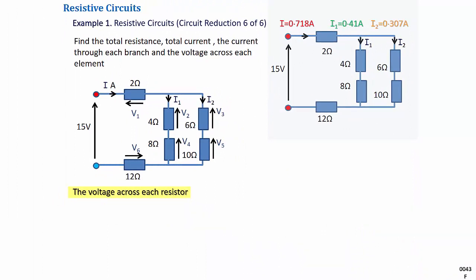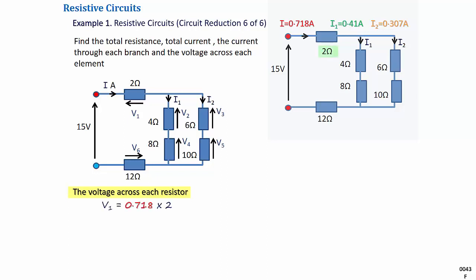Finally, to find the voltage across each resistor. As we know the value of all the currents flowing in the circuit and the value of all the resistors, we can calculate the voltage across each resistor using Ohm's law.